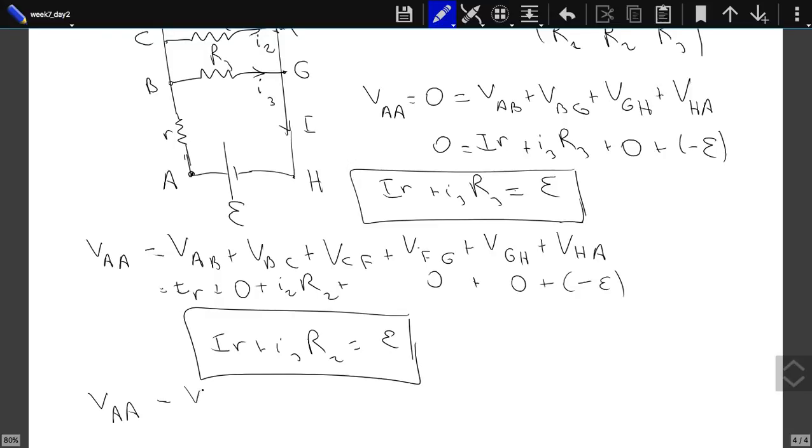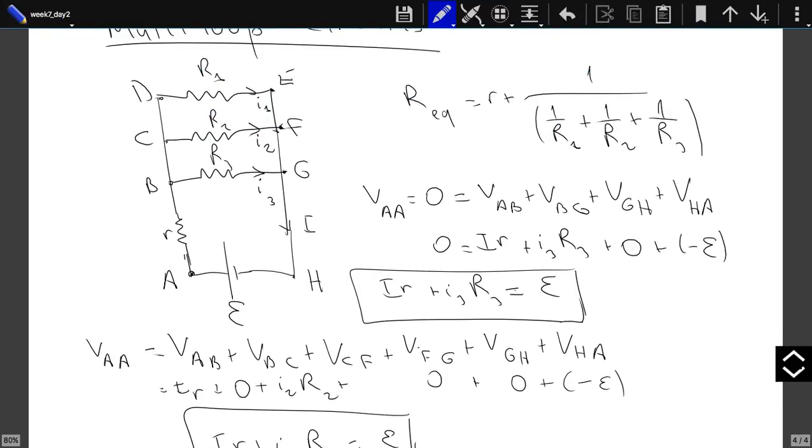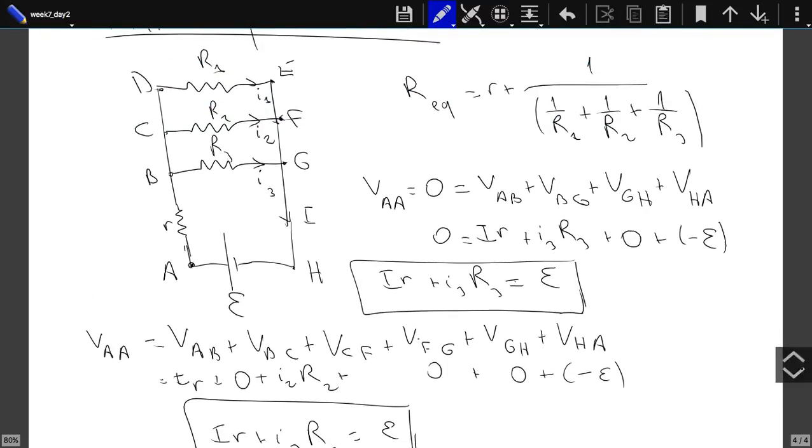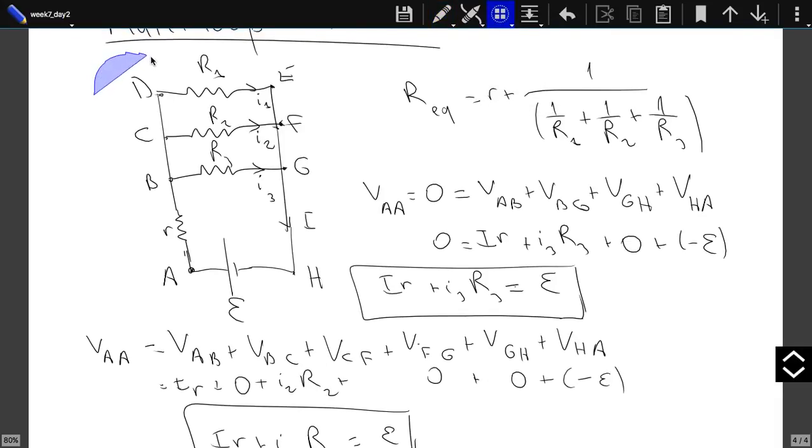This time this will be from A to B, from B to C, from C to D, from D to E, E to F, F to G, G to H, H to A. What I'm doing is I'm just going all around this one. Let me copy this.